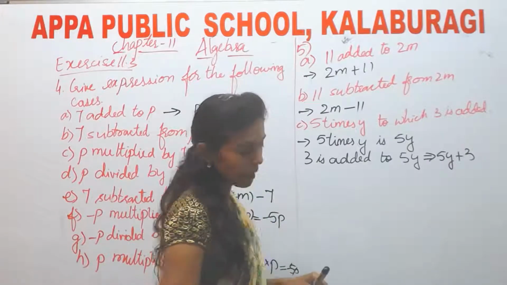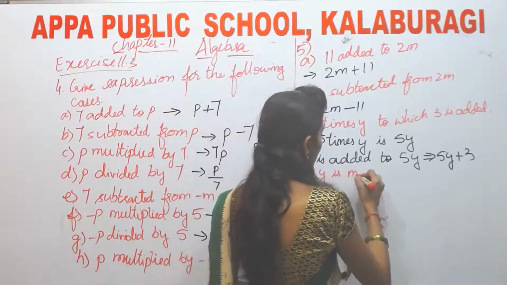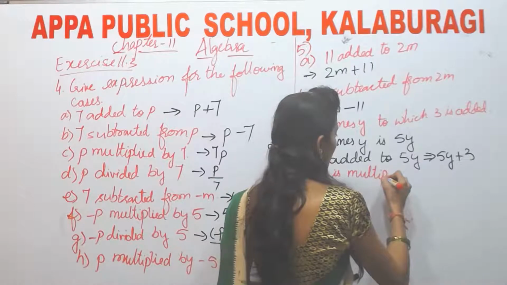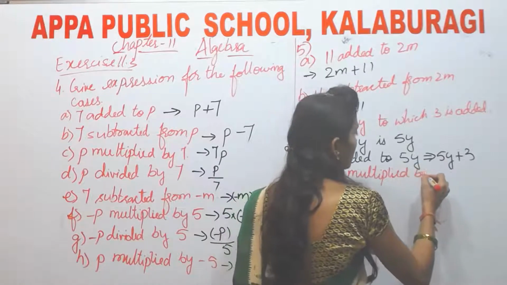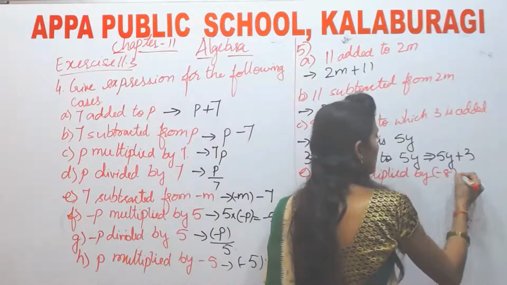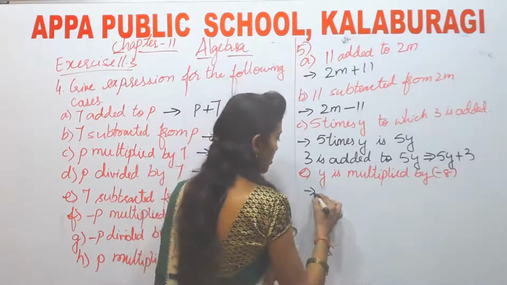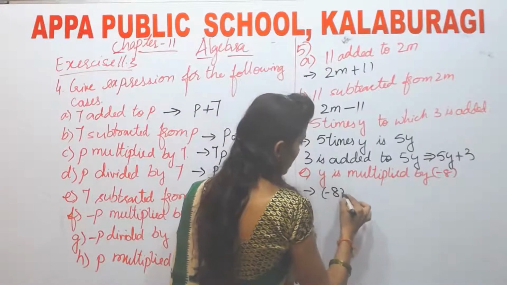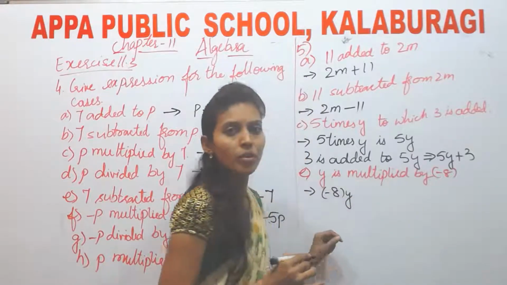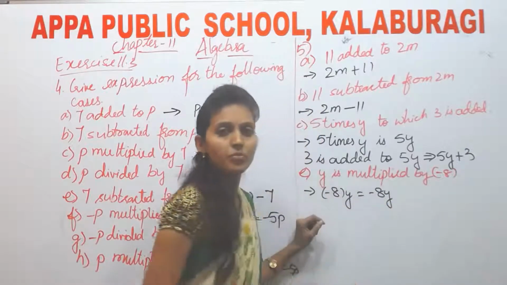Next, y is multiplied by minus 8. What is the answer? Minus 8 into y. Even we can write it as minus 8y.